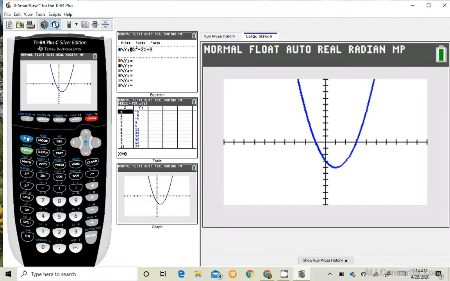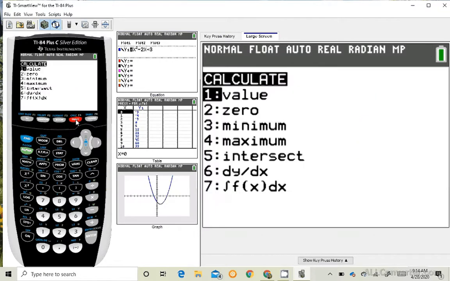I'm going to hit the second button and then the trace button, which is right next to the graph button. That takes me into the calculate menu. And if you look here, number 2, the actual function name is zero, and that's the one that we want. So I'm going to arrow down, select number 2, zero.